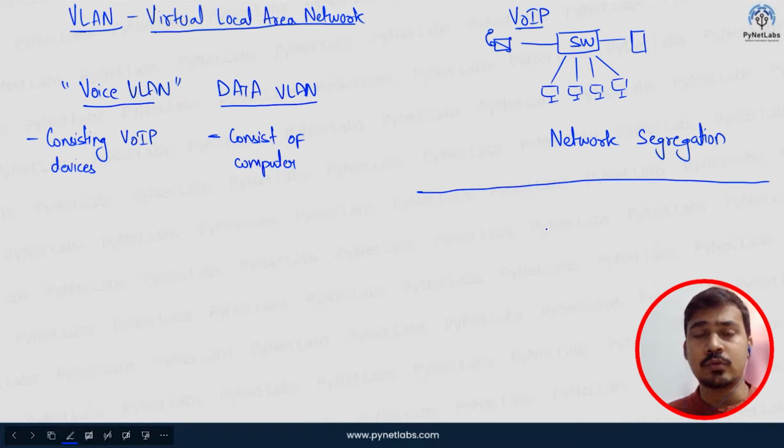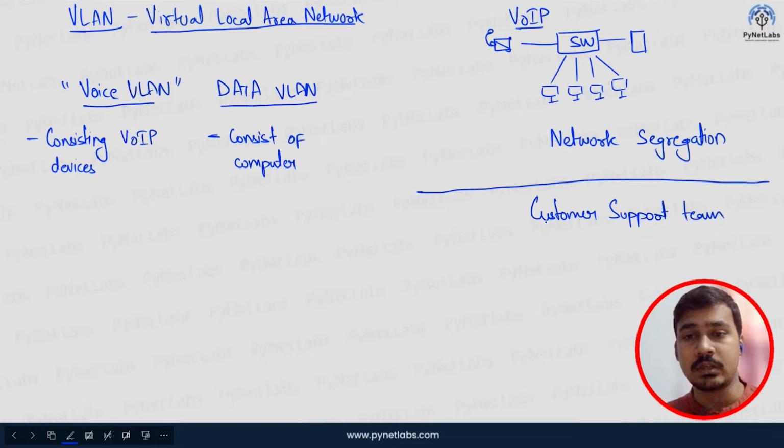Now, I would like you to better understand this concept of voice and data VLAN. Consider an example. Suppose you are in a customer support team. Mostly you have noticed that customer support has both PCs and VoIP access.